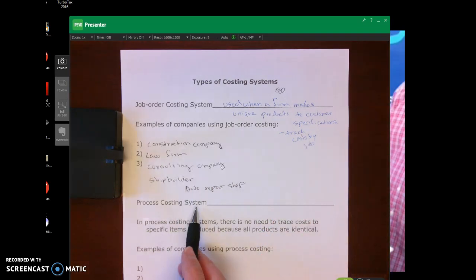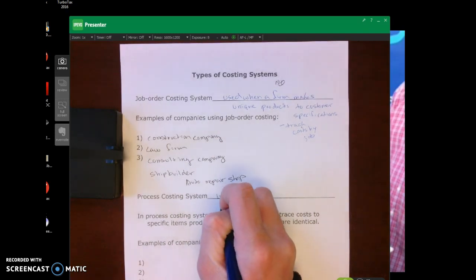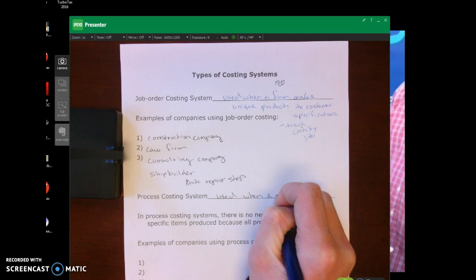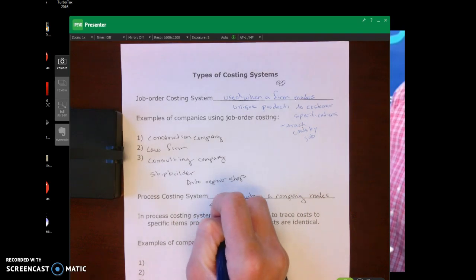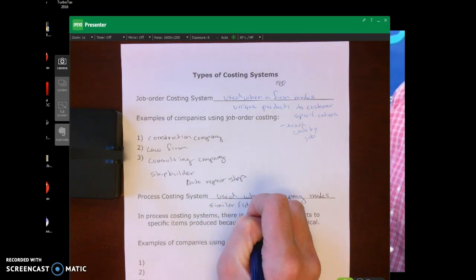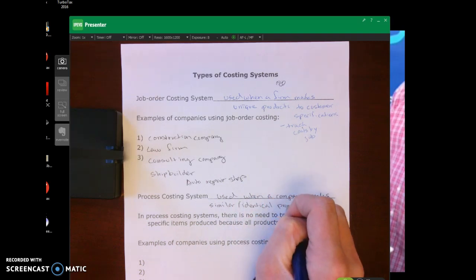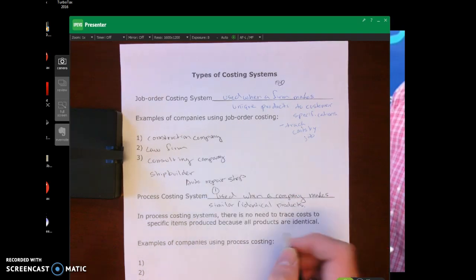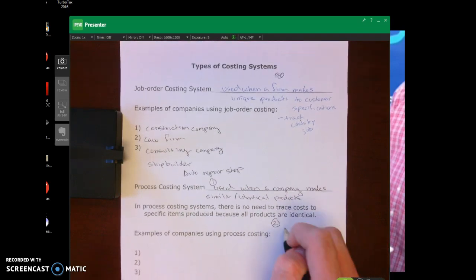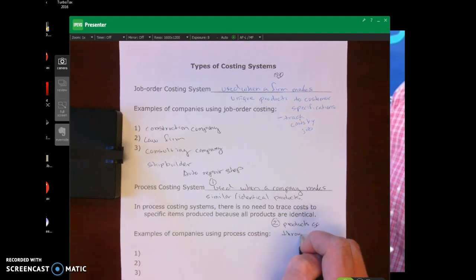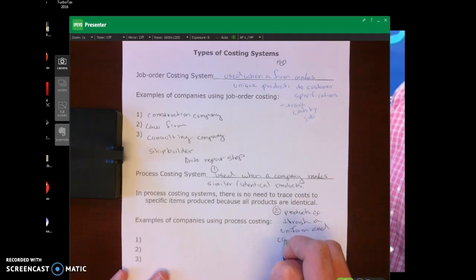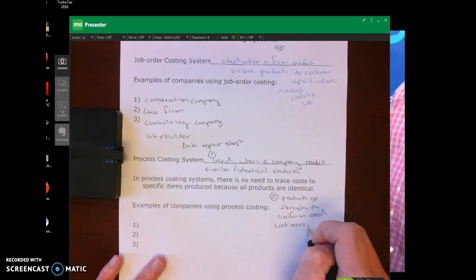Okay. Now, on the other hand, a process costing system is going to be used when a company makes similar or identical products. Okay? That's the first characteristic. The second characteristic is that products go through a uniform and continuous production process.